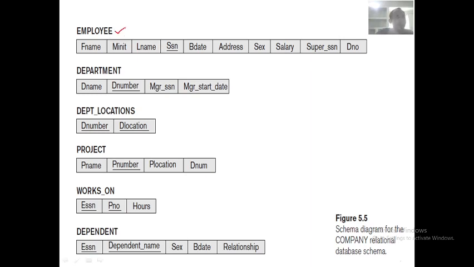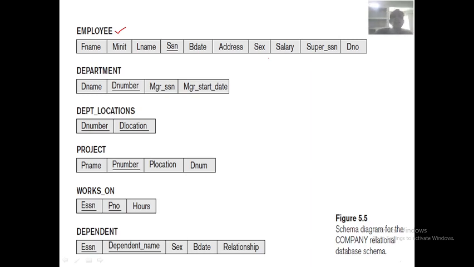Which are the attributes of that employee? First name, middle initial, last name, SSN (social security number), birth date, address, sex, salary, super SSN, and department number.